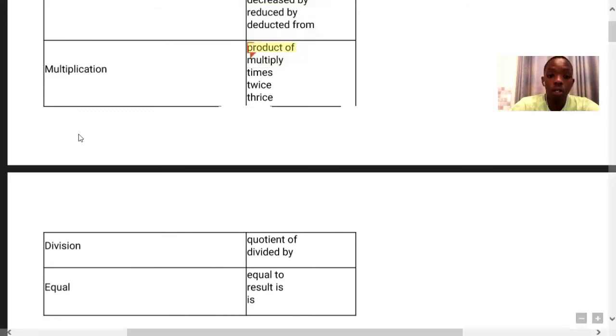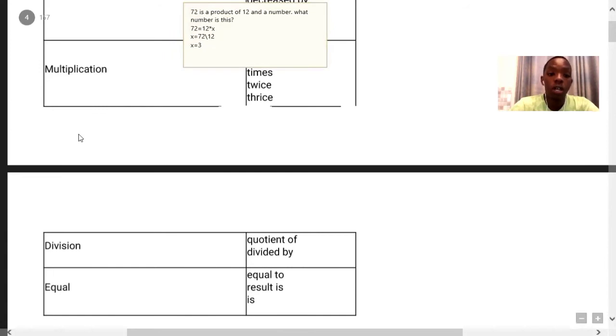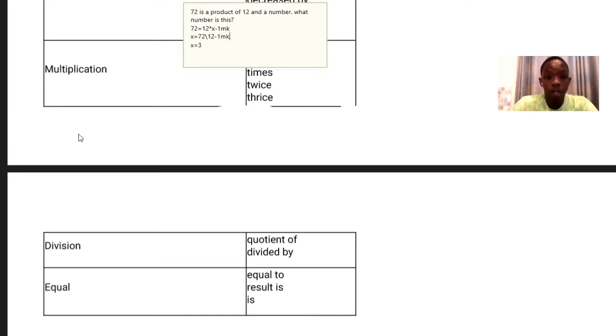When they use this term product of, they tend to want such a calculation. So here you're going to get 1 mark for the deduction, 1 mark for the calculation, and finally 1 mark for the answer. Most of the times it's a half mark, 1 mark. So the question can either have 2 marks or 3 marks depending on the length.